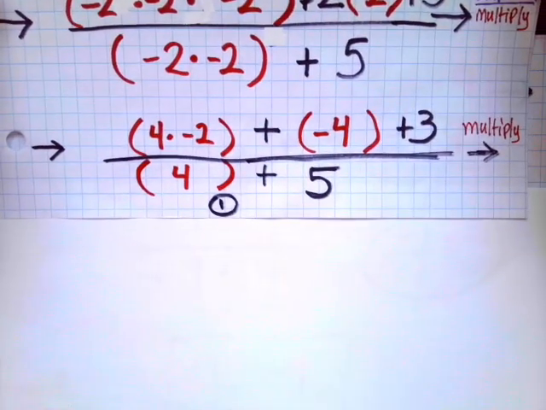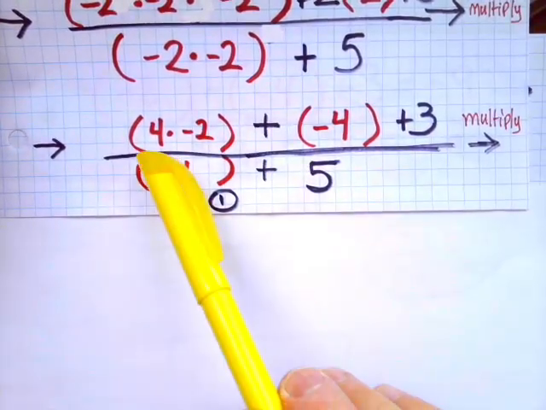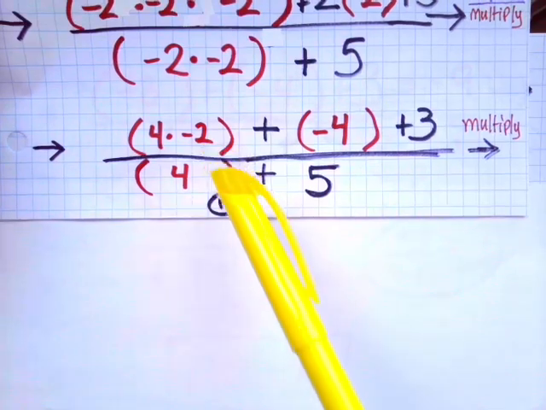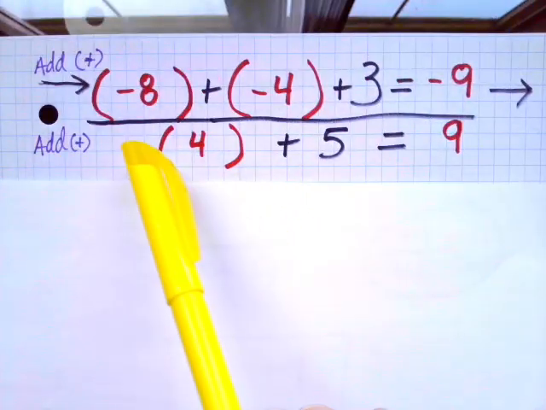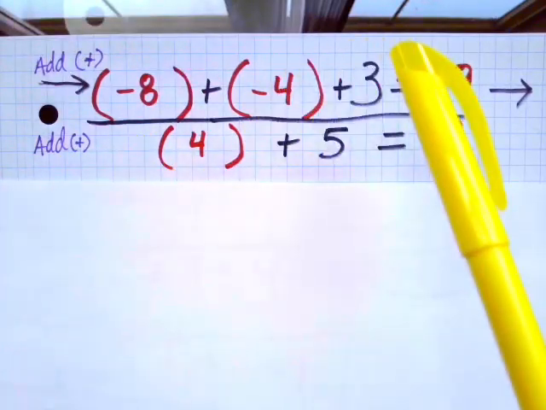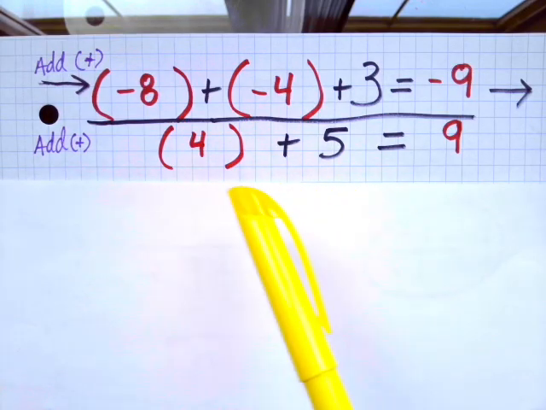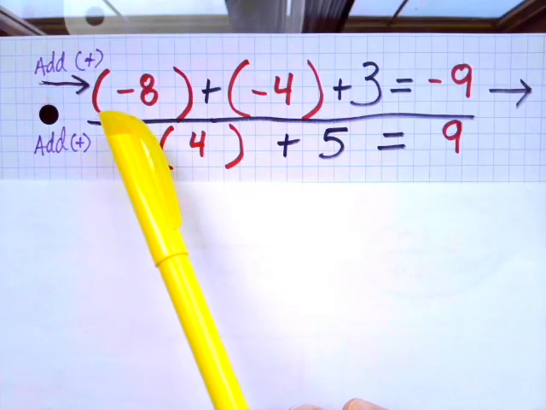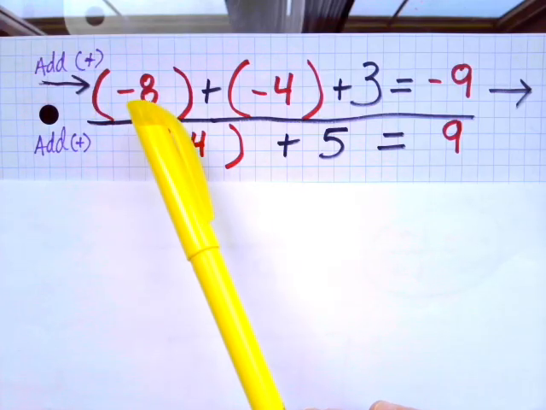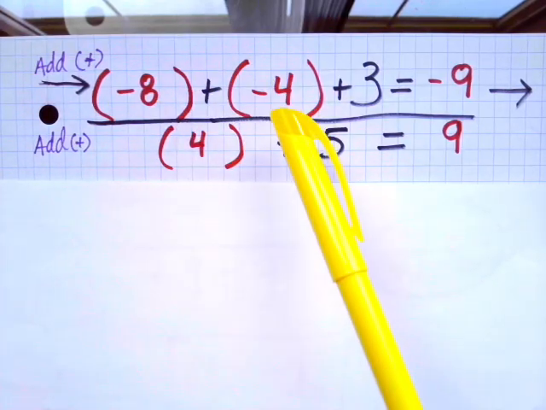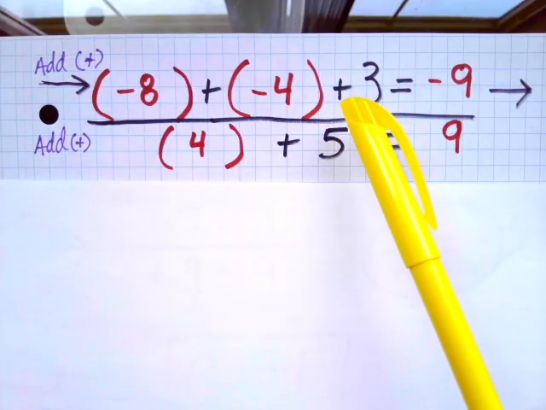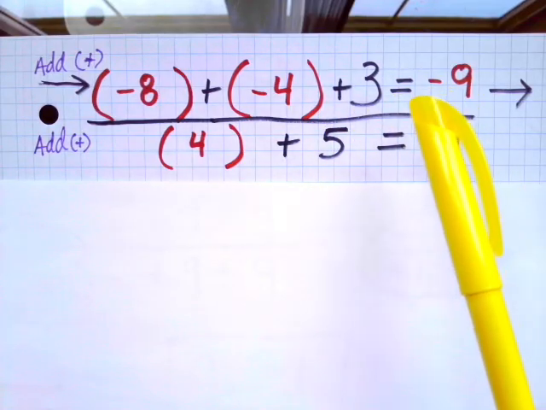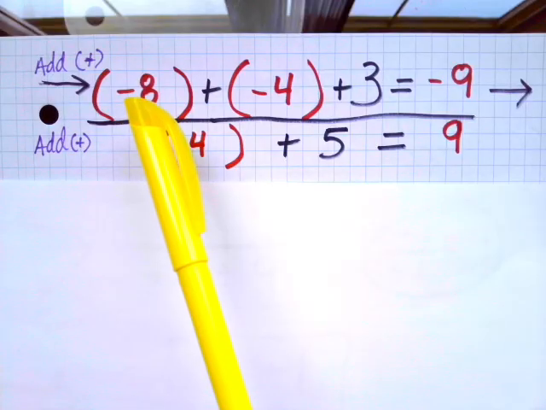In that last step on that first page, positive 4 times -2 is -8. And then everything else I just rewrote. And then my final step, I'm going to add or subtract. -8 plus -4 plus a positive 3 equals a negative 9.